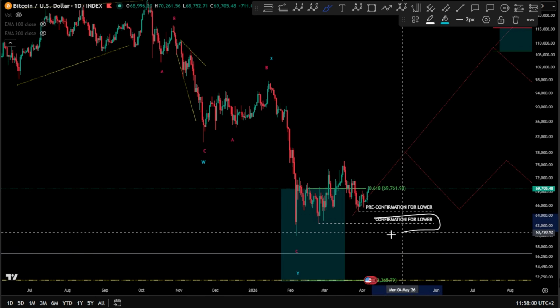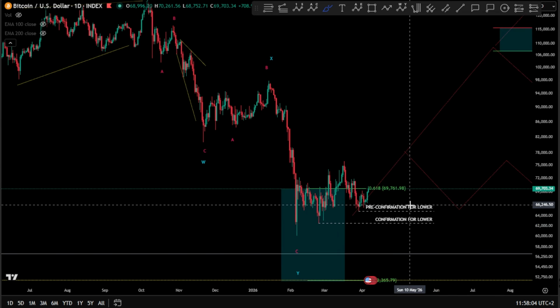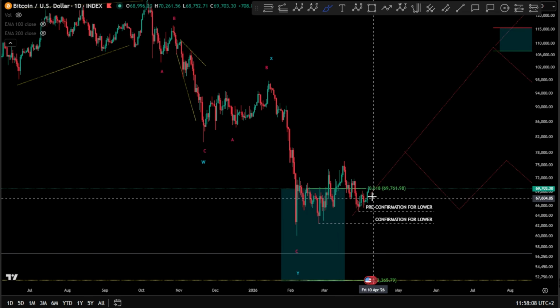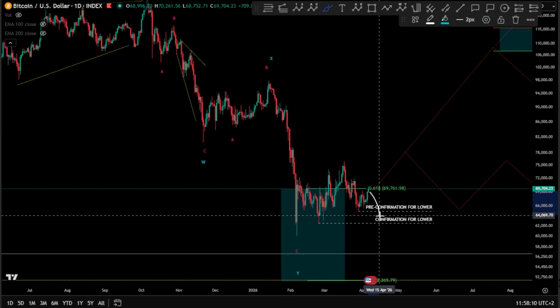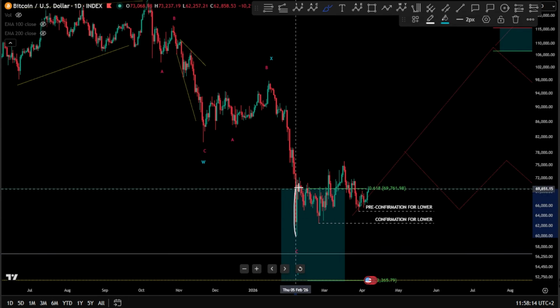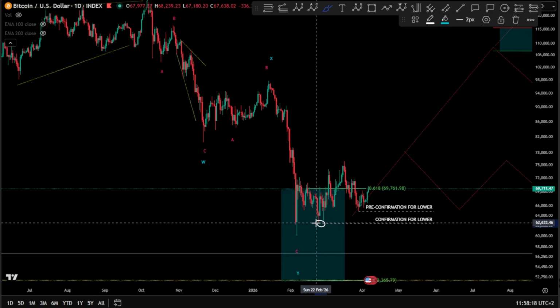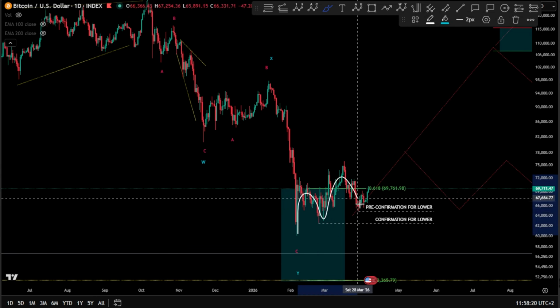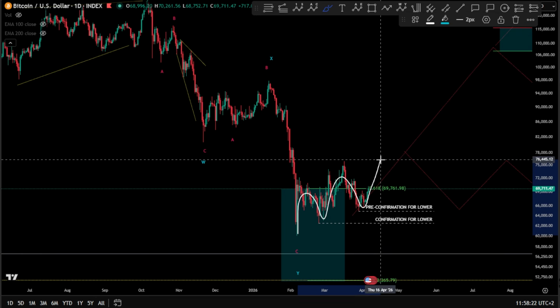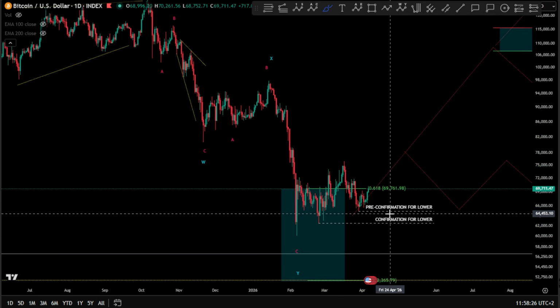Of course, the confirmation for lower is not taken, and that's why I always lay down those key levels, because those are the guidelines. If we don't take this pre-confirmation and the confirmation, which is the total confirmation, because the double 1 2 here will be eliminated by taking this low, and since things are still showing power and force toward the upside, that means we're still looking for higher, guys.